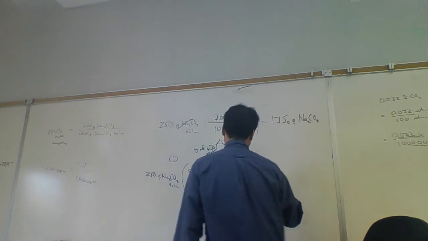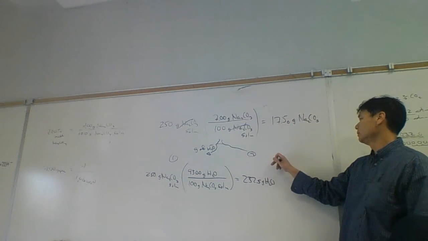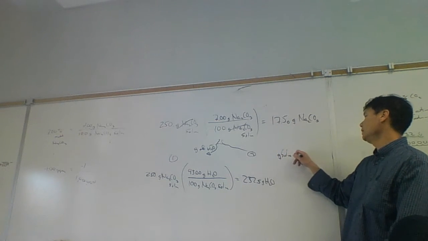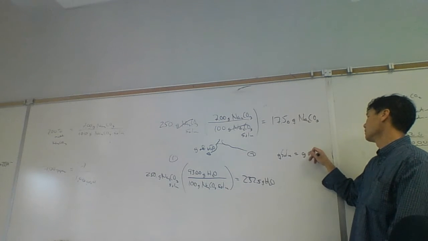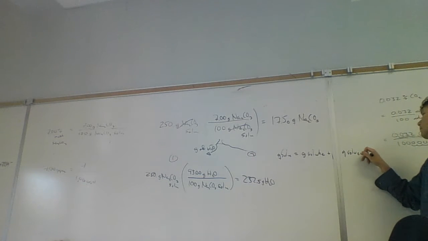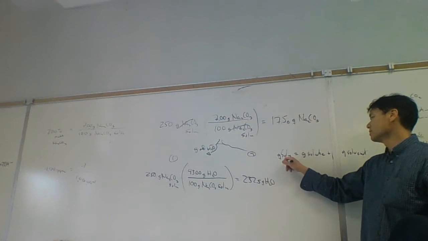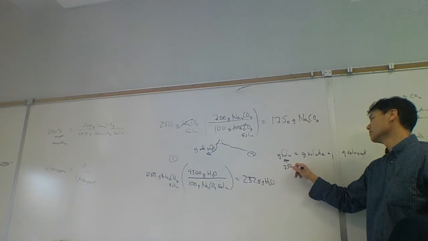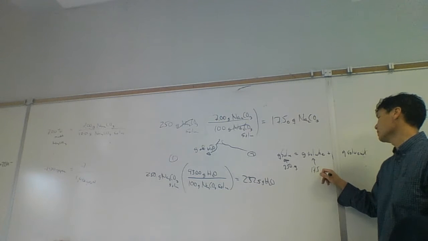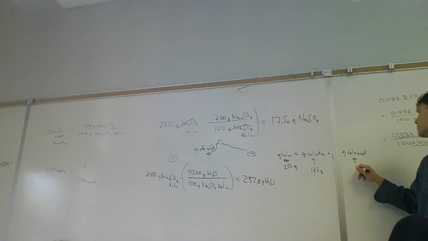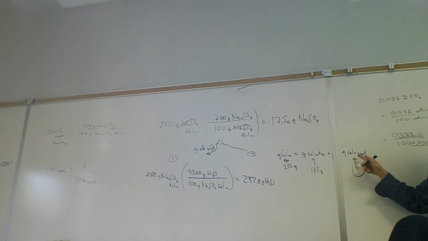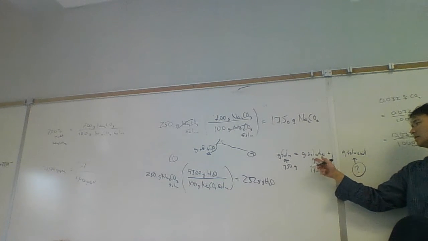Or way 2 is just this: the grams of solution equals the grams of solute plus the grams of solvent. How many grams of solution do we have? We have 250 grams of solution. How many grams of solute do we have? We have 17.5 grams of solute. And the grams of solvent, we don't know, so we just solve for it. Grams of solvent equals grams of solution minus the grams of solute.